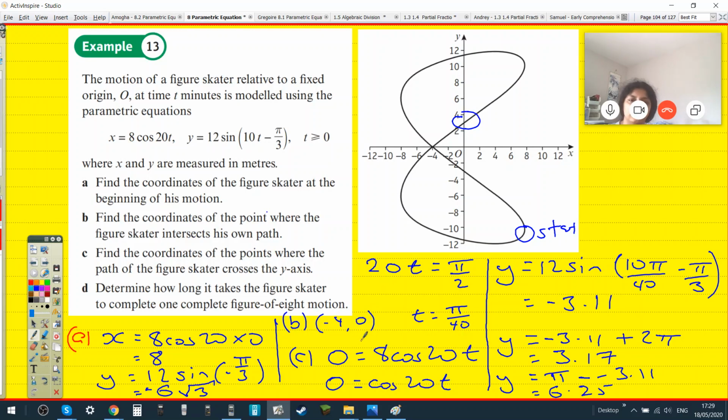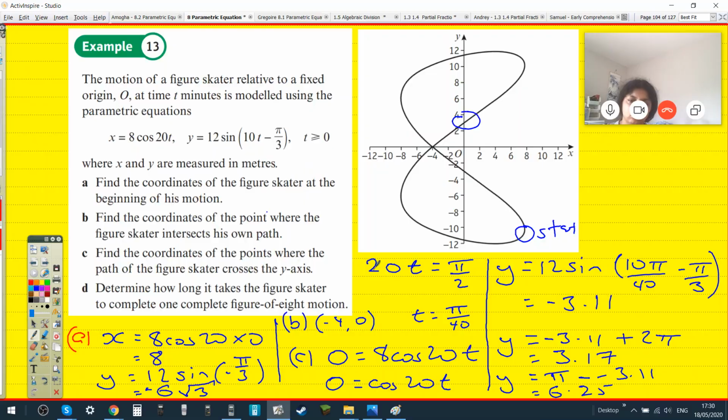So let's see. It's when the time is pi over 40, but then the time has to change. So go back to the cosine one. It's when 0 is equal to 8 cos 20t. Our first answer was time equals pi over 40.